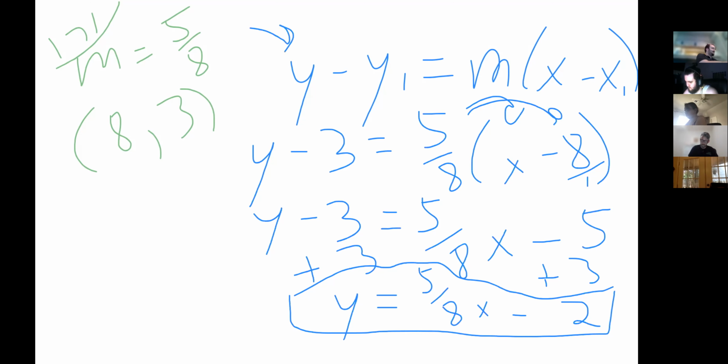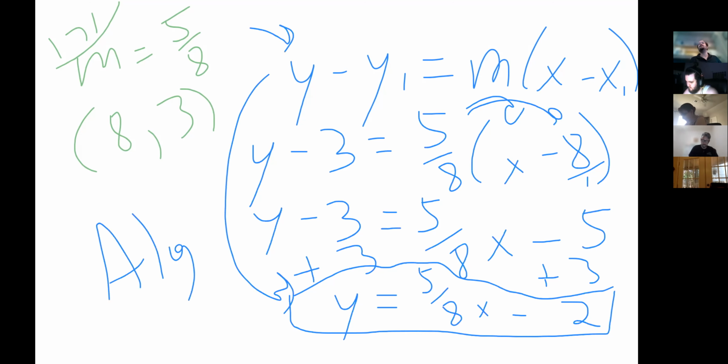We're doing algebra to get to there, right? That's the basic strategy of all these pretty much, until we get to doing things with just 2 points. Questions on this? All right.